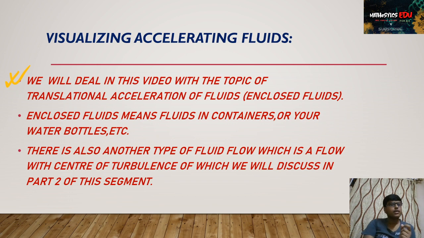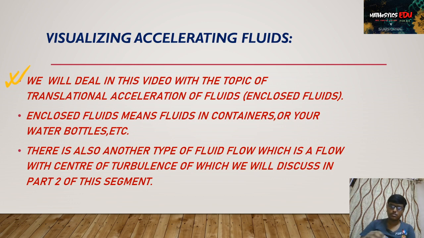Now let me give a little hint about the other type, that is a turbulent type of fluid flow. The particles of fluid, while in motion, go round and round about a particular point. So what will happen if you place a paddle wheel, like the paddle of a cycle, a very light paddle wheel, in the center of that whirlpool? At the center nothing will happen.